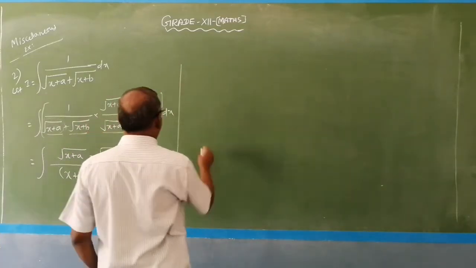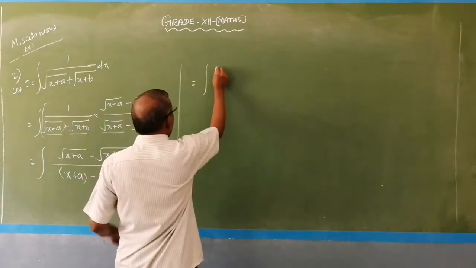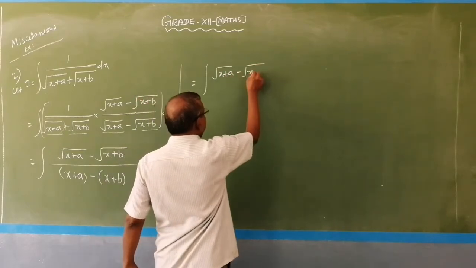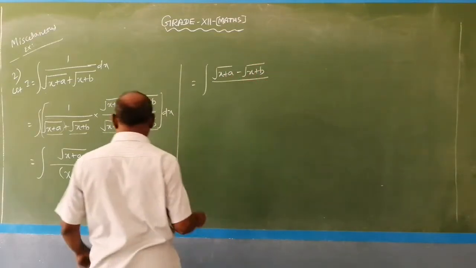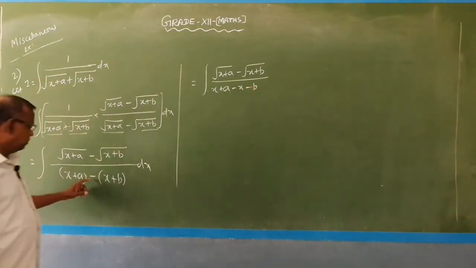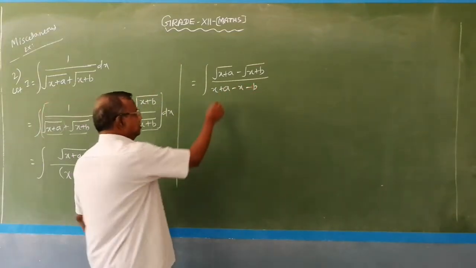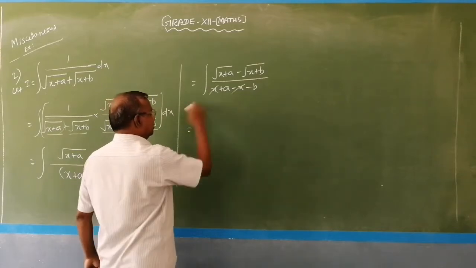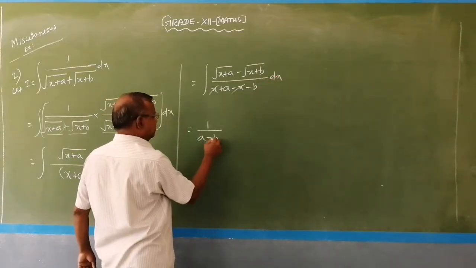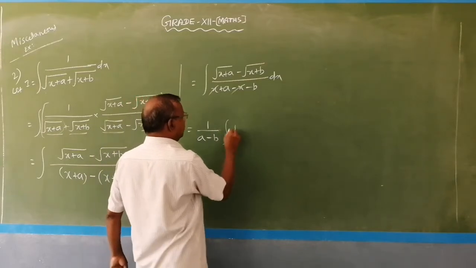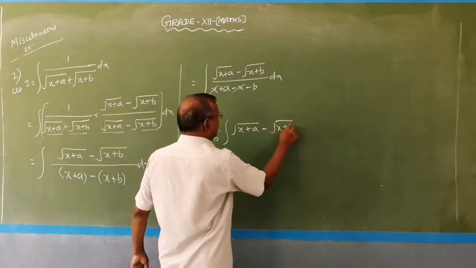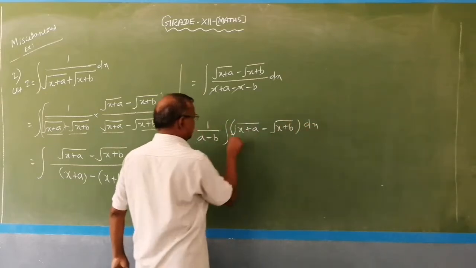So, this is equal to integral root of x plus a minus root of x plus b whole divided by x plus a minus x minus b. So, the x cancels and we can take the constant outside, that is 1 by a minus b into integral root of x plus a minus root of x plus b into dx.